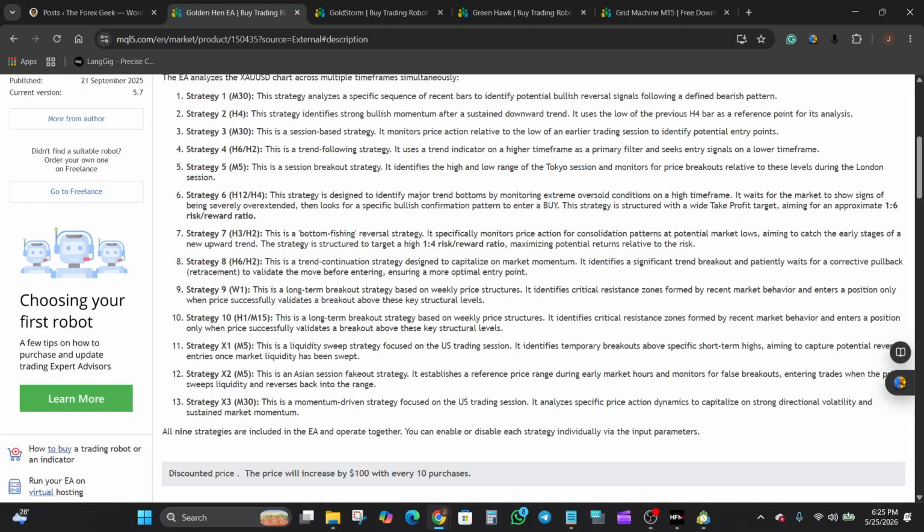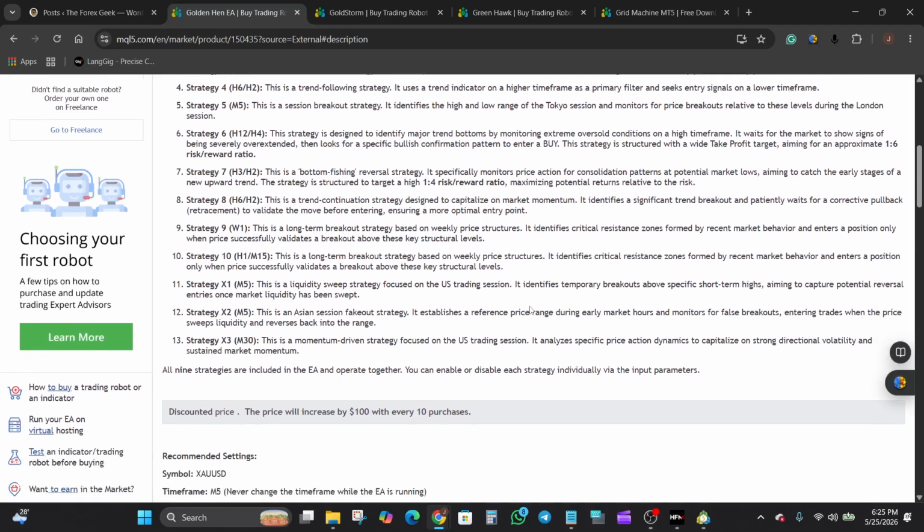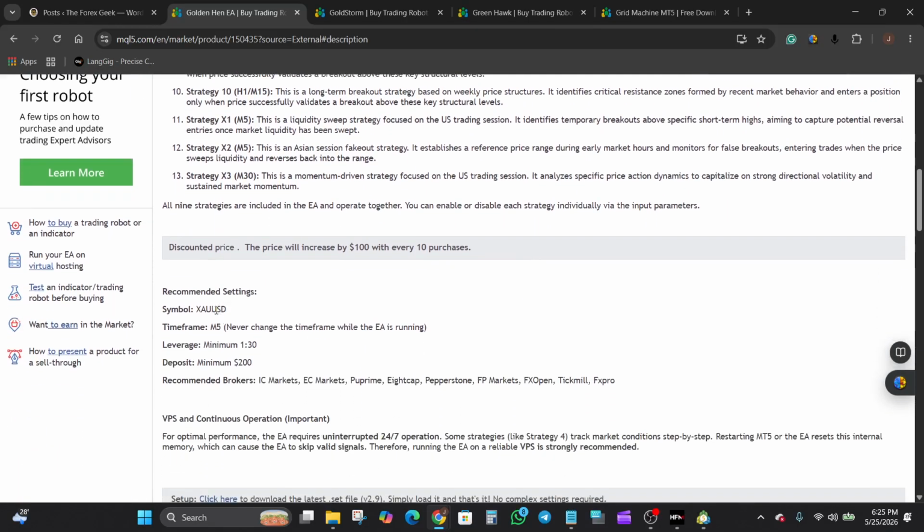Okay, so before moving into testing, I also noticed the recommended setup. It is optimized for XAUUSD on the M5 time frame, and the developer clearly states that the time frame should not be changed while the EA is running. Minimum deposit is listed at $200, and there is also guidance on lot sizing depending on account balance and prop firm usage.